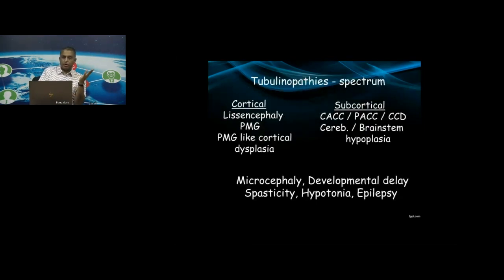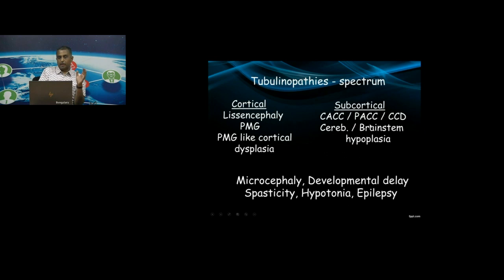Now, what does tubulinopathy mutation cause? It can cause problems at the cortical level as also the subcortical level. At the cortical level, it gives rise to lissencephaly or polymicrogyria, cortical dysplasia or a combination thereof.